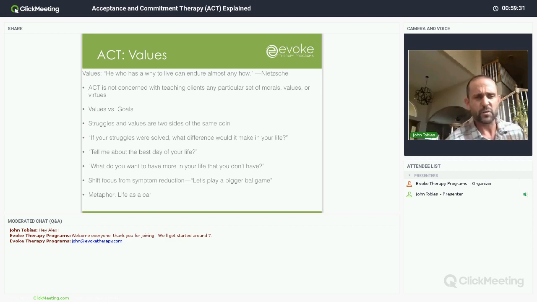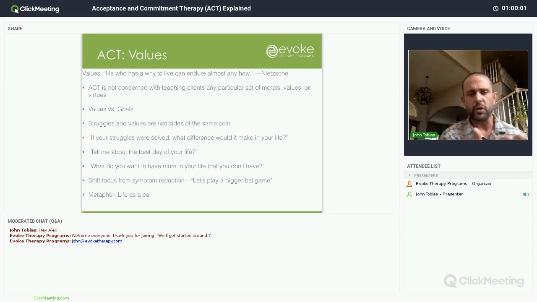This next concept is that struggles and values are 2 sides of the same coin. This is interesting to me, and this is actually a fairly recent idea that I heard, and I can't remember where I got this one from, but I'll use social anxiety as an example. So let's say a client comes to me, and he or she identifies social anxiety as one of their struggles, one of their difficulties.